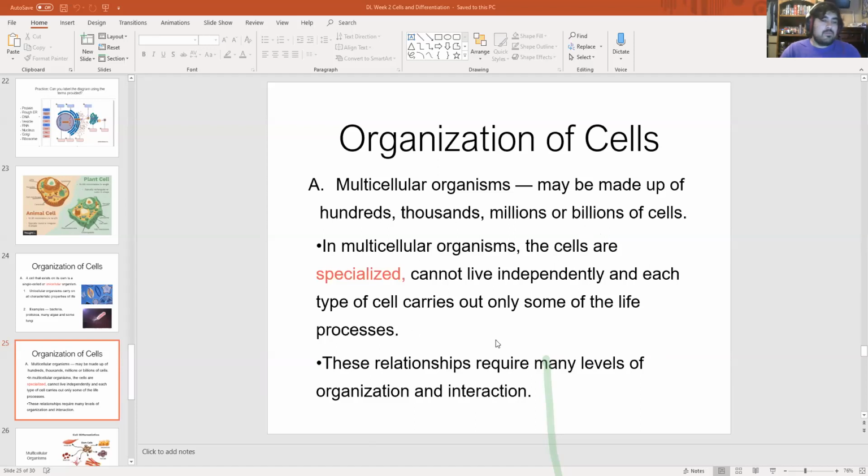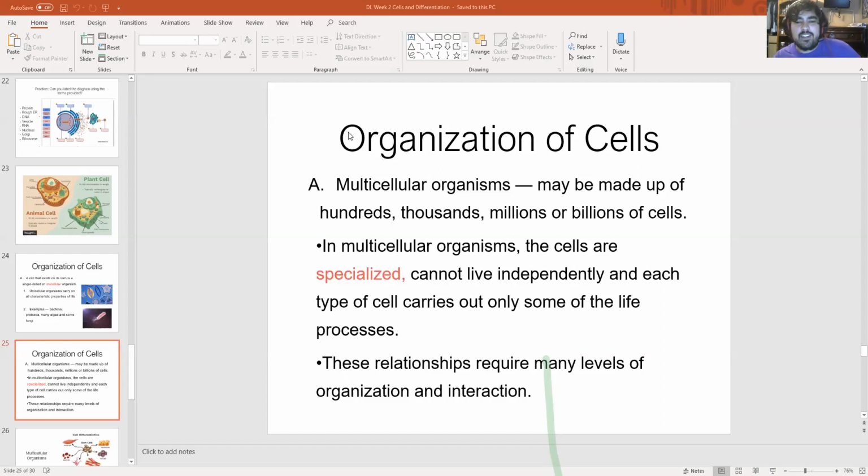So for the multicellular, it's important to remember that everything is specialized. Okay? They can't live on their own. We have to have all of these different types of cells, or else we'll either be dead or we'd be unicellular. And that wouldn't be fun.